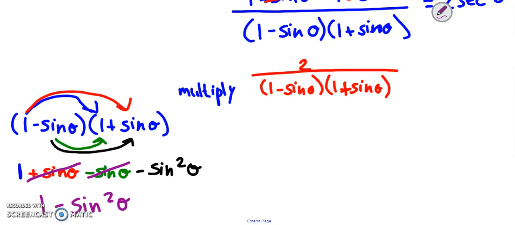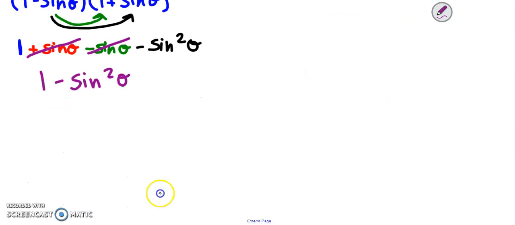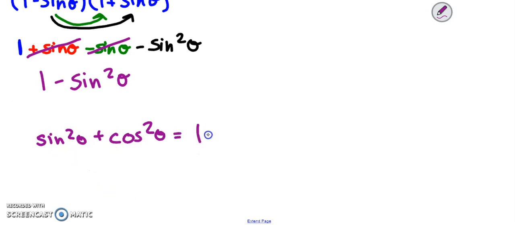So hopefully everybody already knows what this one equals. Again, we have this. And again, if we subtract sine squared from both sides, we get cosine squared, which is what we need, right?